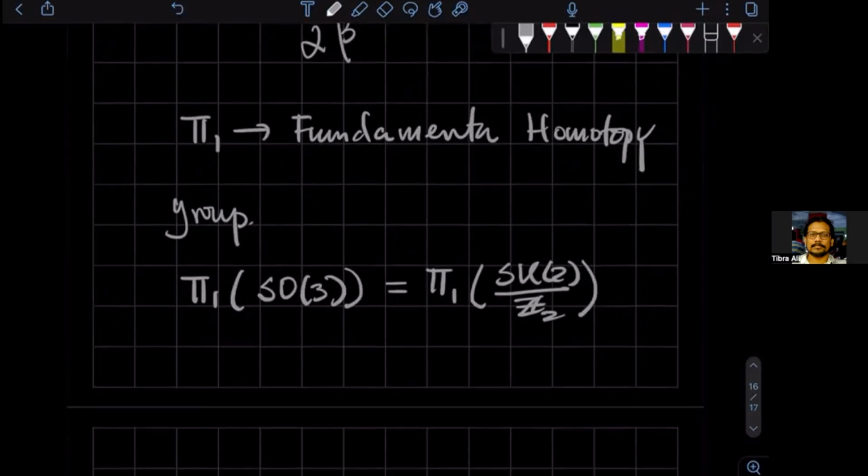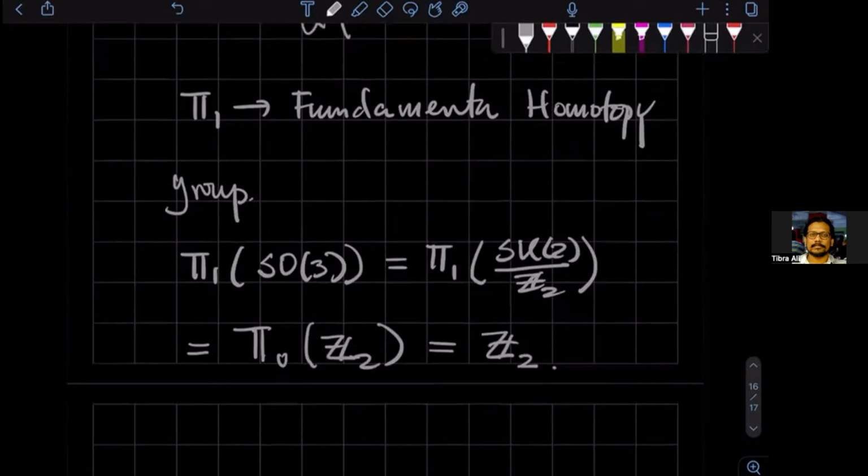And there's a theorem in homotopy theory where, if the space is a quotient space, you can relate that to the pi0 of Z2, and this actually means that this is Z2 itself.